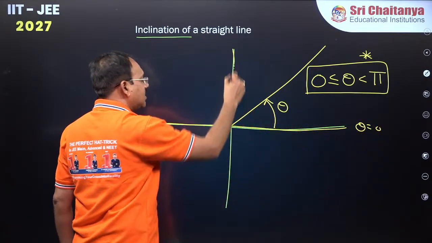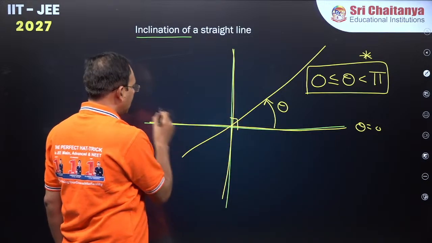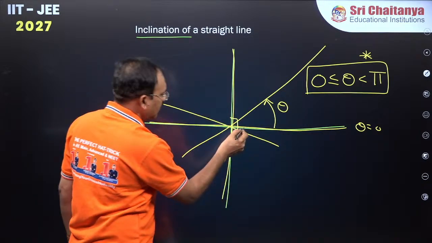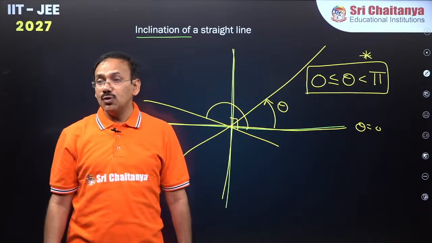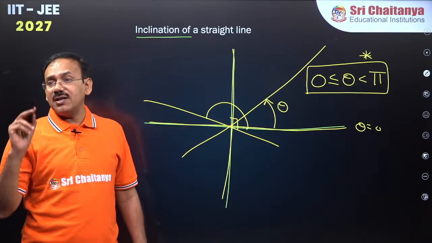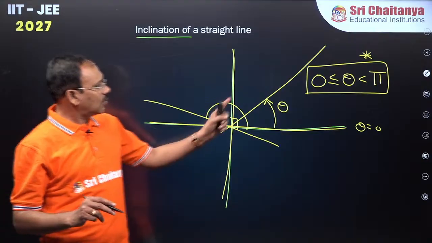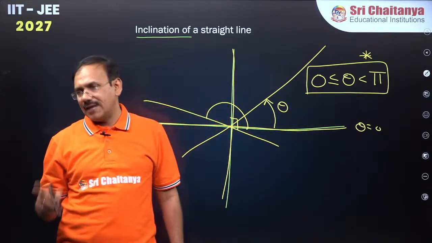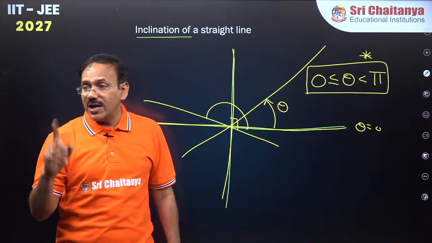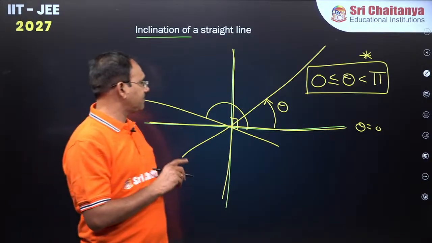Inclination of the y-axis will be theta 90. Suppose you take this line, it may be some angle like 150. So do remember, inclination is always closed 0 to open pi. Inclination cannot be more than pi. That is a very important observation, guys.